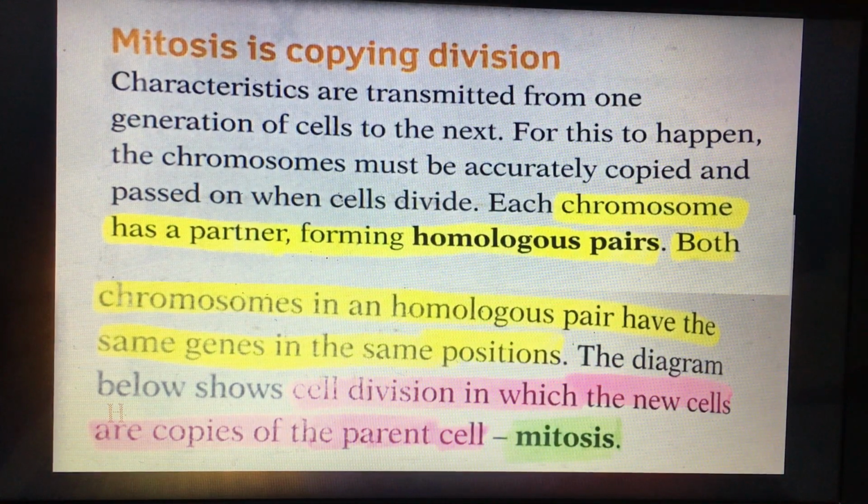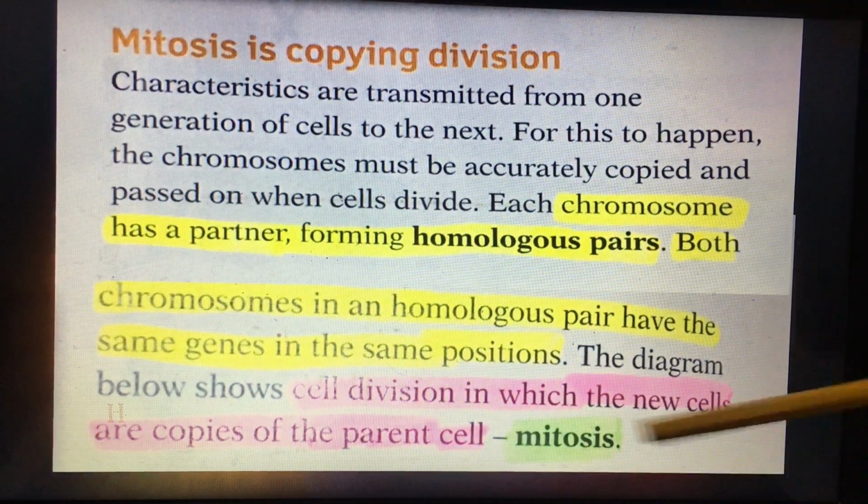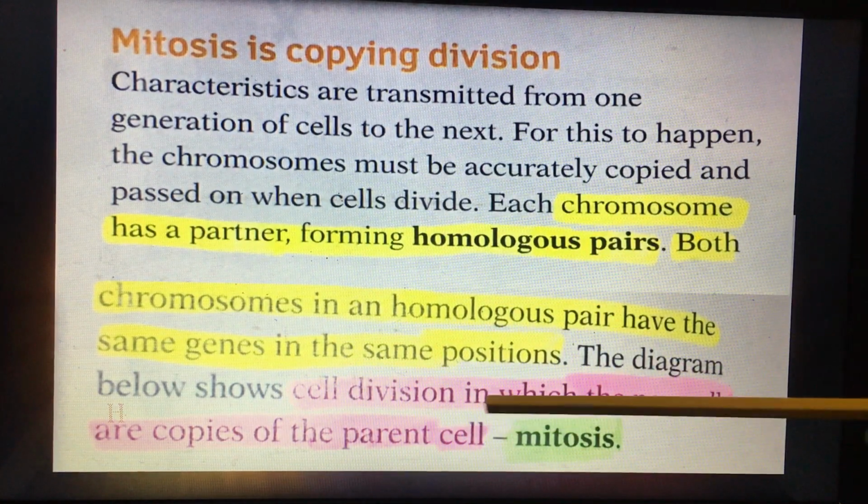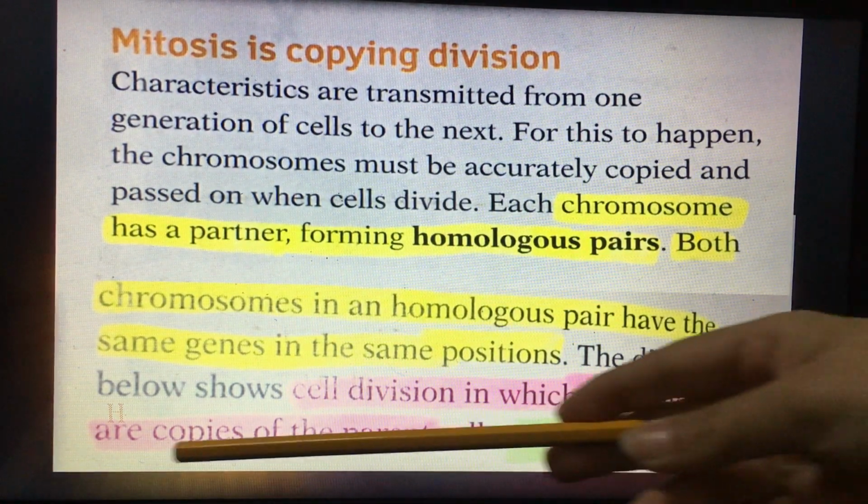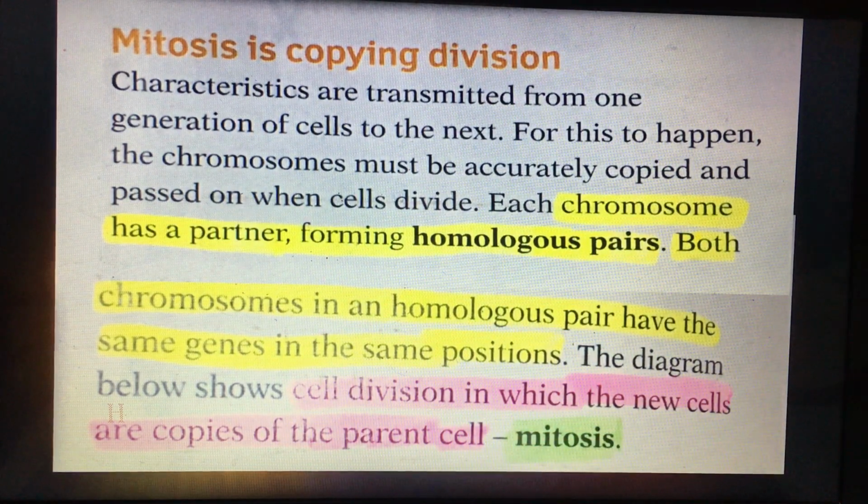The last thing in this paragraph, you have to know that mitosis is cell division in which the two cells are copies of the parent cell. So when the daughter cells are the same or copies of the parent cell, this process is called mitosis. Okay.